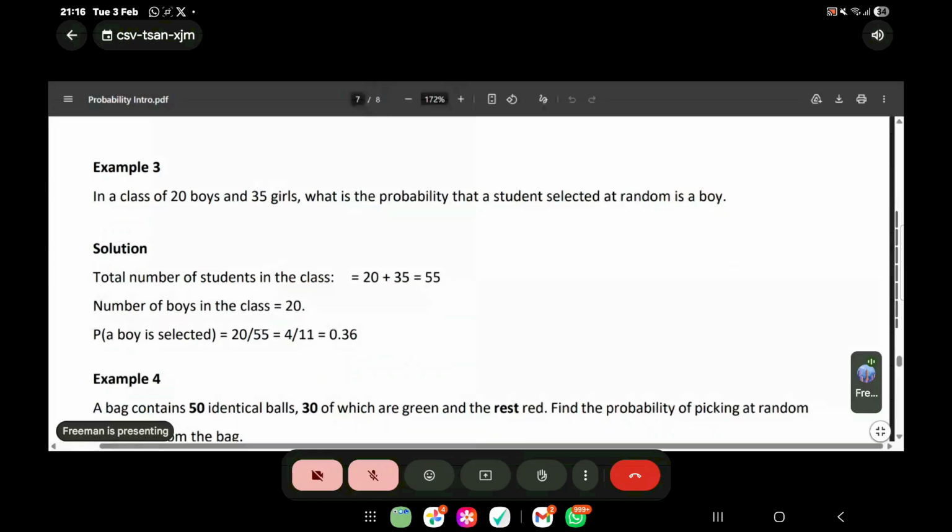In a class of 20 boys and 30 girls, what is the probability that a student selected at random is a boy? So, mind you, this may not always be boys, it can be number of polio patients.